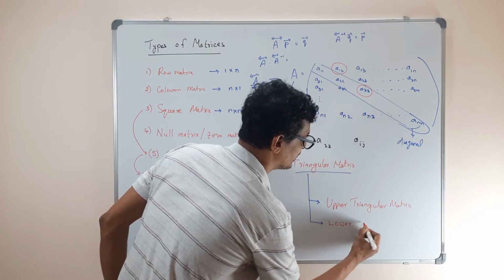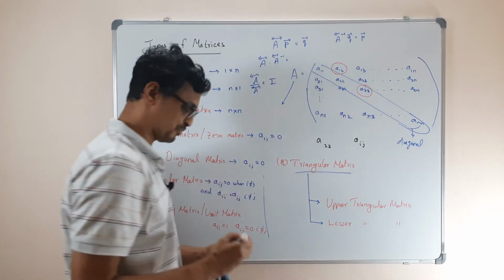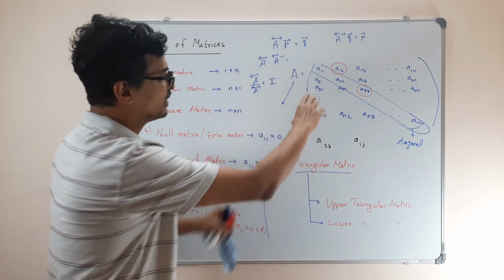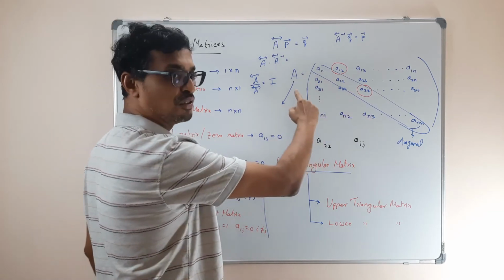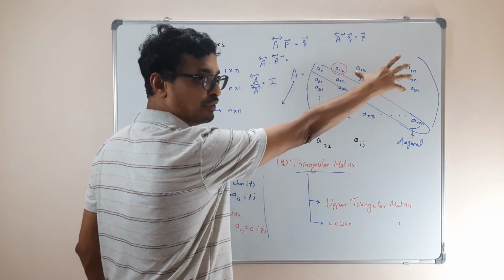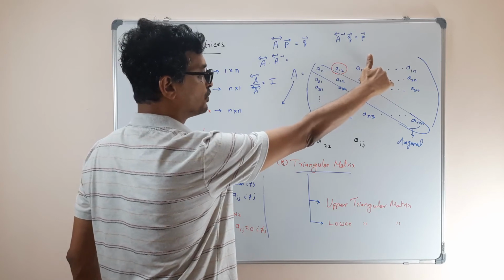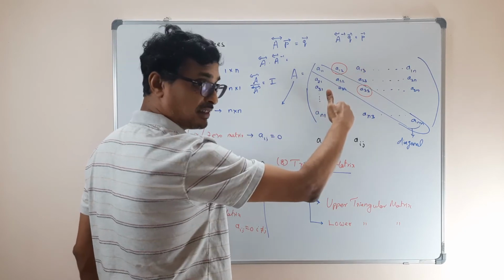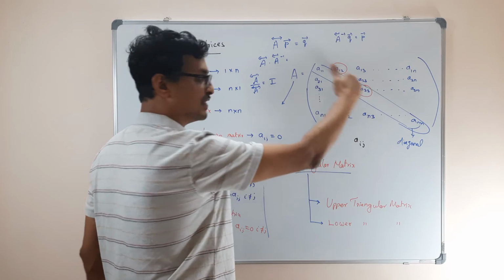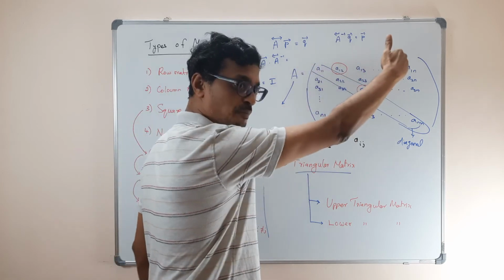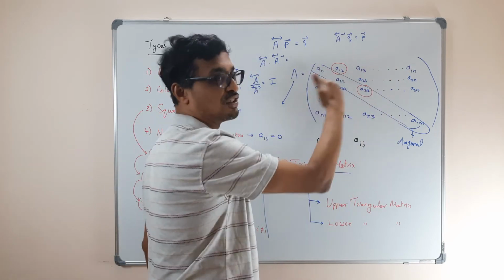That's it. Lower triangular matrix. Okay, so what does that mean? It's simple. In an upper triangular matrix, all the elements below the diagonal will be 0, and above will have values. And in a lower triangular matrix, the upper elements will be 0, and the lower elements will be non-zero.